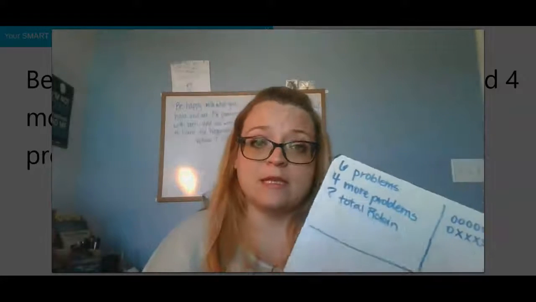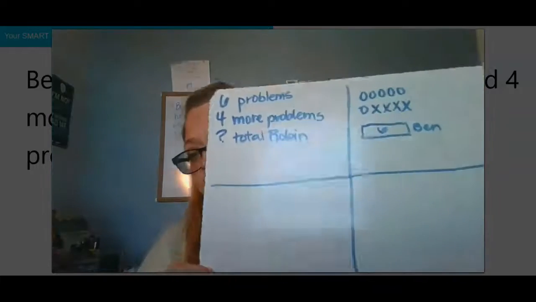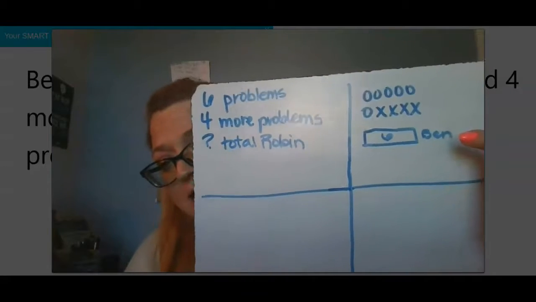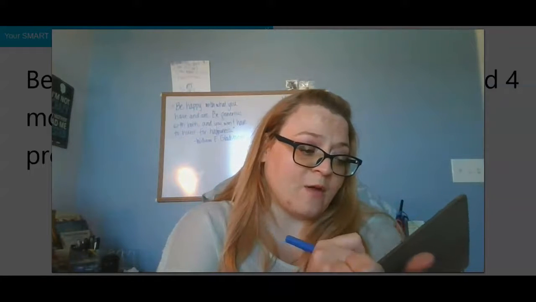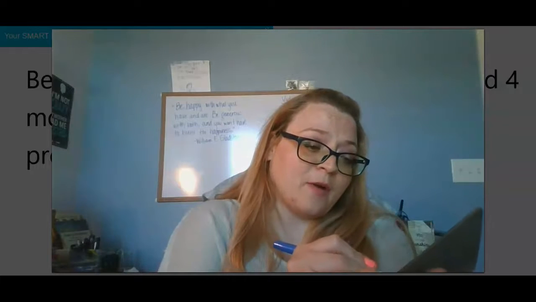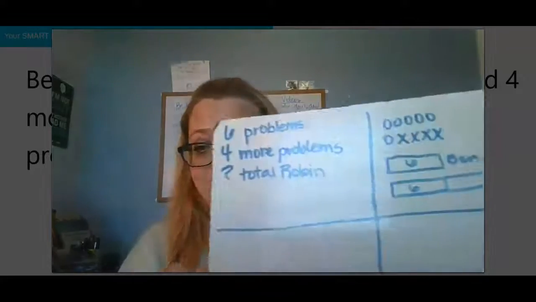Now, if we are putting this in a tape diagram, we know that Ben did 6. So I'm going to draw him 1 box with his number in it. Now, Robin had more, so I'm going to draw her underneath. I know that one part of that one is going to be 6, and then the other part is going to be 4, okay?